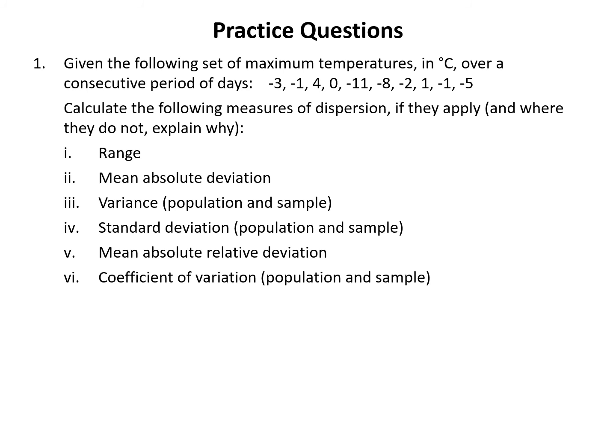And we're asked to calculate the following measures of dispersion if they apply, and where they do not, explain why. Range, mean absolute deviation, variance for both a population and a sample, standard deviation for both population and sample, mean absolute relative deviation, and coefficient of variation for both population and sample.